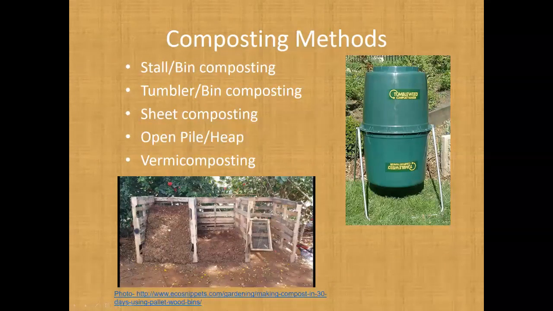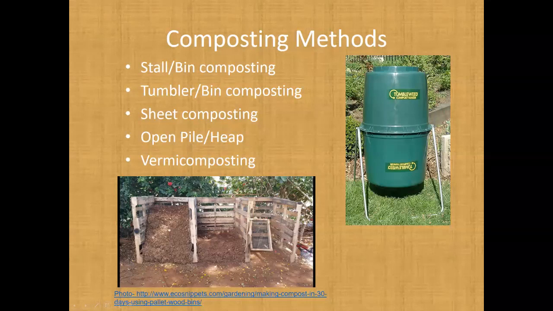And so there are lots of different composting systems out there. The one that I have used, and I think is probably the lowest cost of entry as far as the learning curve, is going to be stall or bin composting, and that's this wooden structure here.